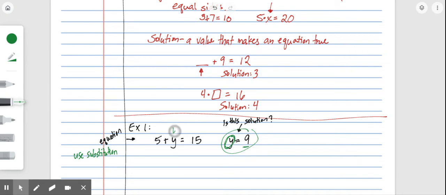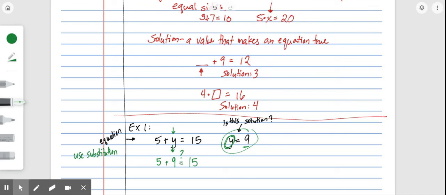So right here I have the y, so instead of a y, I'm going to put the number 9. And remember, when you substitute, the number that you're replacing it with disappears. So that y is no longer part of my equation. Now I just have 5 plus 9 equals 15. And because I don't know if that's true yet, I'm going to put a question mark on top because we're trying to figure out, is this true?